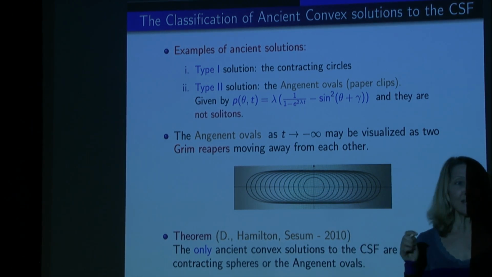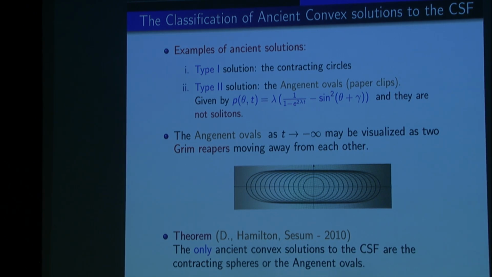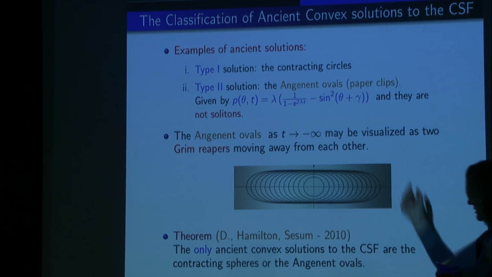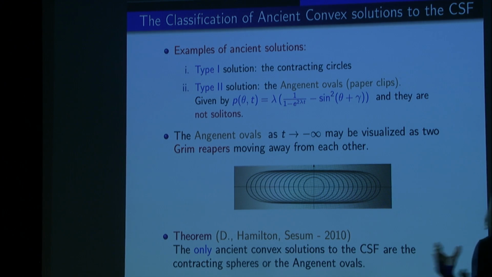Then eventually you become circular as you contract to a point, but Sigurd wanted to show us how it does this, so he normalized the length a little bit, okay? And the theorem that we proved with Hamilton and Sesum back in 2010 is that these are the only closed, meaning compact, convex solutions to the curve shortening flow.